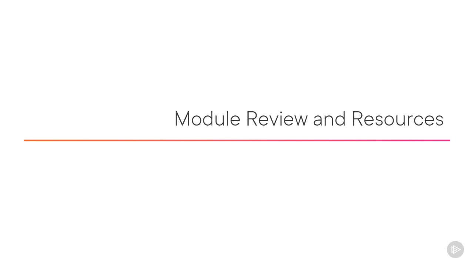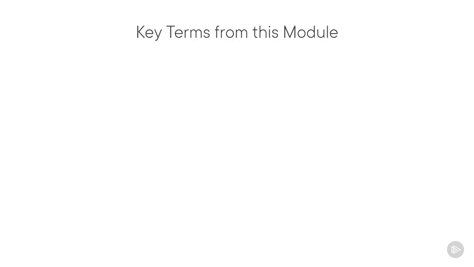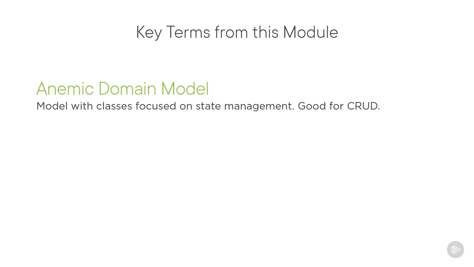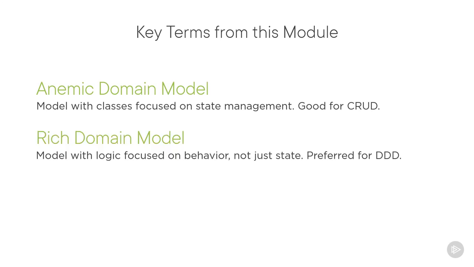We've covered a lot of ground in this module, and you've learned a lot of new terms, so we just want to review some of them with you before we move on to the next module. The first is a pair of terms that often go hand in hand, anemic domain models versus rich domain models. And remember, the anemic domain models, while often looked down upon from the perspective of DDD, are perfectly fine for CRUD.